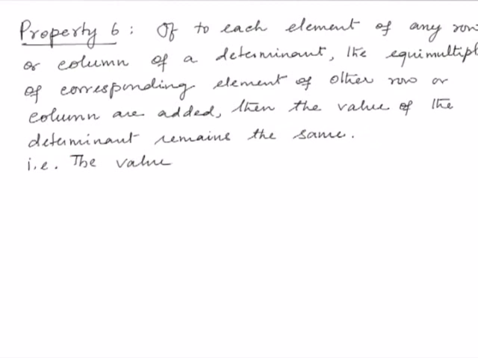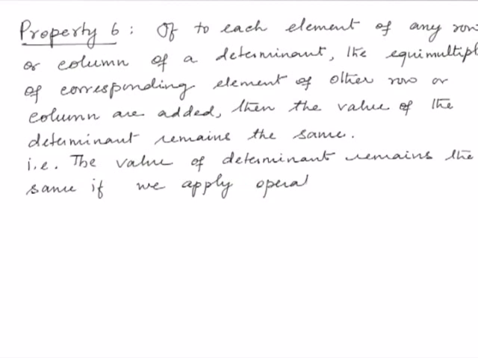Let us put it in a very simpler form, that is, the value of the determinant remains the same if we apply operations like Ri goes to Ri plus K Rj, or sometimes corresponding to the column we can apply Ci goes to Ci plus K Cj, then the value of the determinant still remains the same.